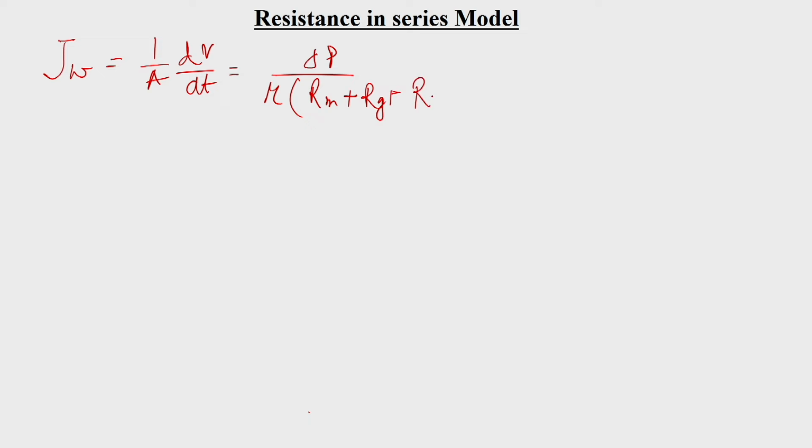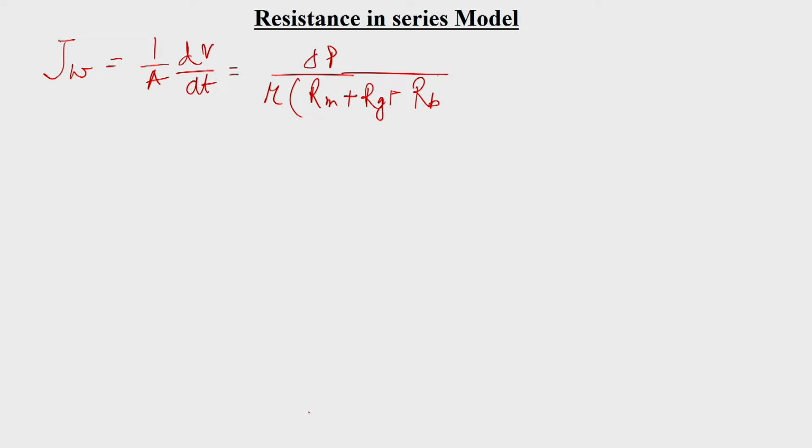Okay. So, from Darcy's law, J w is equal to 1 by A dV dt, that is the flux, which is nothing but delta p by mu into R m plus R g plus R pore blocking.